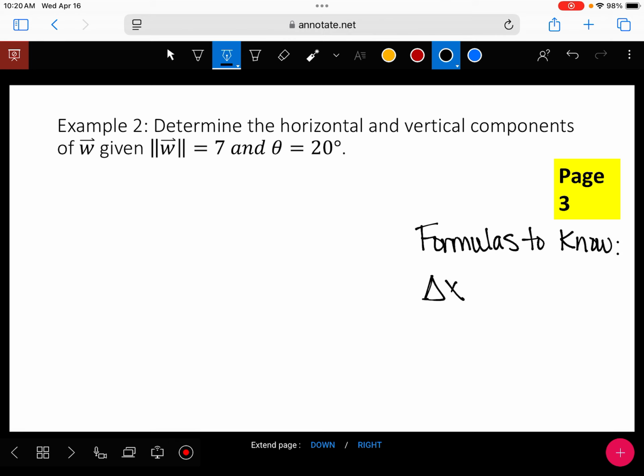The next formulas that we need to memorize: it says determine the horizontal and vertical components given that we have vector w and double lines. When you see a double line like that, that is the notation for magnitude.